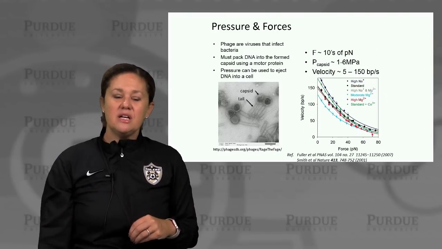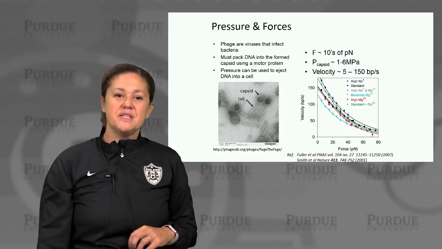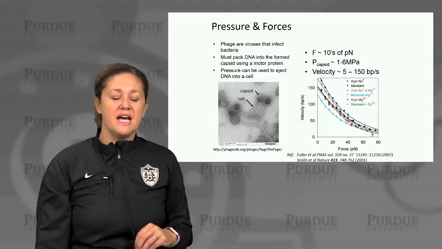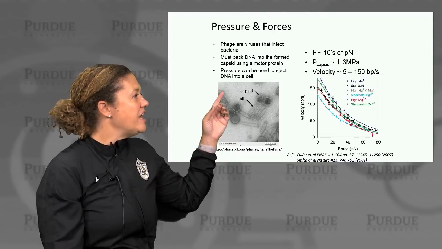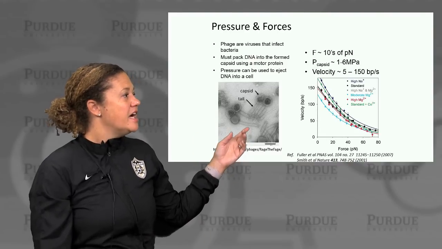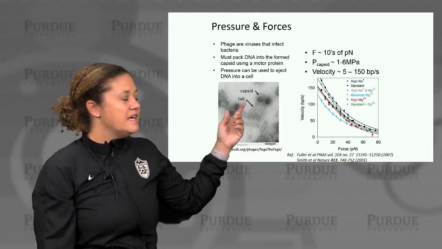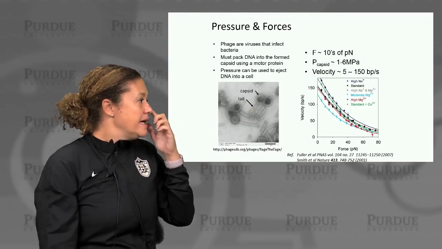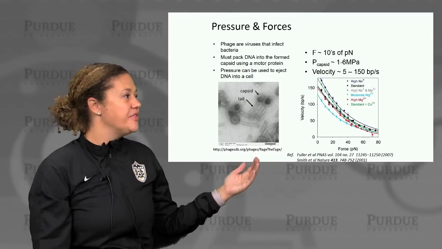So let's think about some pressure and forces. A really interesting model system that biophysicists have looked at over the years is phage infection of bacteria. Phage are viruses that infect bacteria. Here we have an electron micrograph of a typical phage with a capsid head. Viruses, as you know, infect and inject their DNA or RNA into the cell that they're infecting.